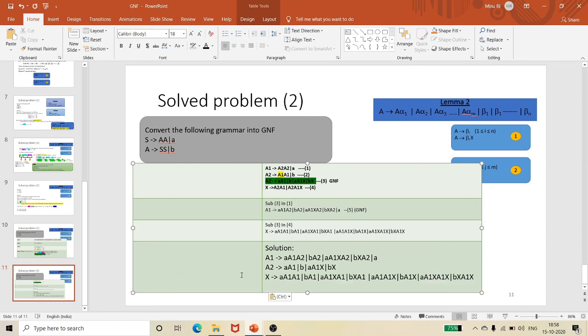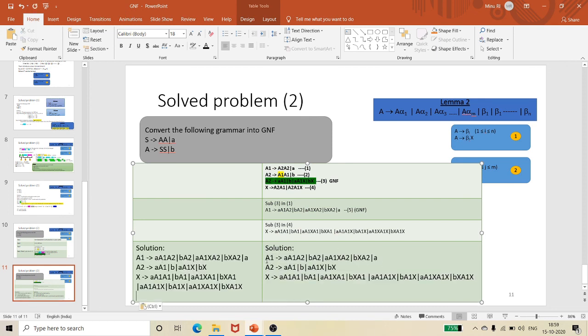If you want, we can rewrite that. What is A1 actually? A1 is S, and if you want, we can rewrite this. Let me copy that over here.